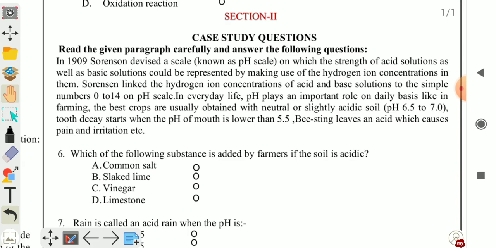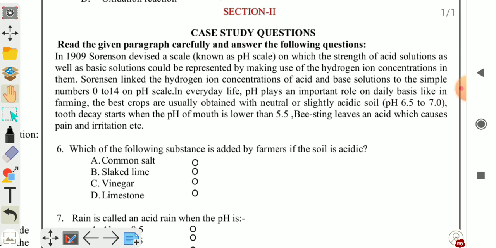In 1909, Sorensen devised a scale known as the pH scale, on which the strength of acidic as well as basic solutions could be represented by making use of the hydrogen ion concentration in them. Sorensen is the name of the scientist. Sorensen linked the hydrogen ion concentration of acid and base solutions to a simple number from 0 to 14 on the pH scale.